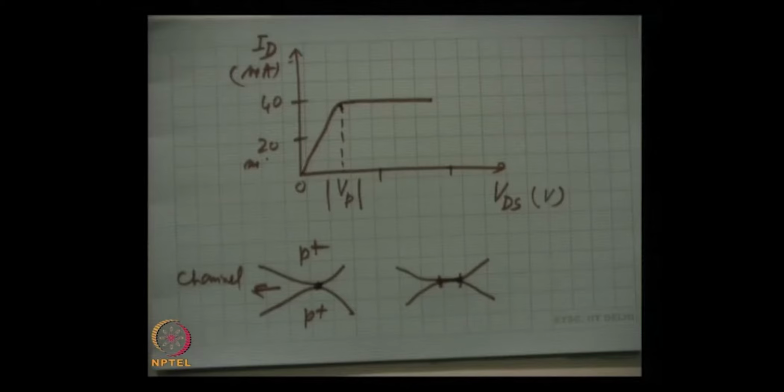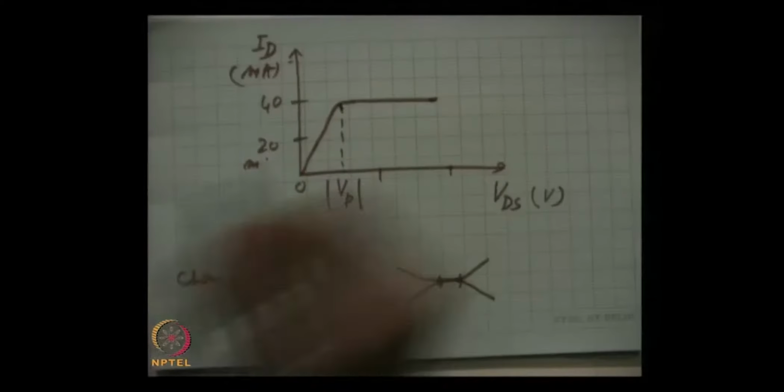The two depletion regions touch along the line, and this width of the line of touch increases with this voltage VDS. So, this is this.